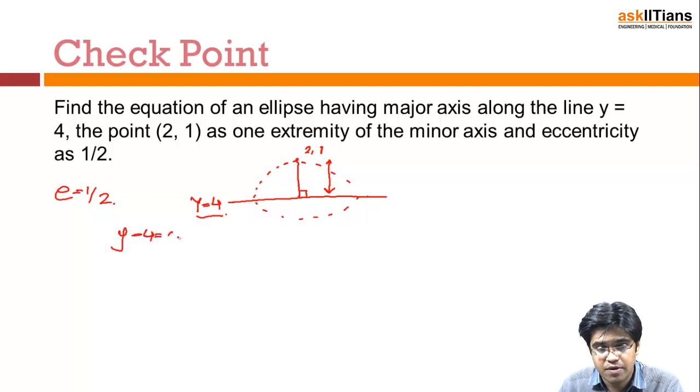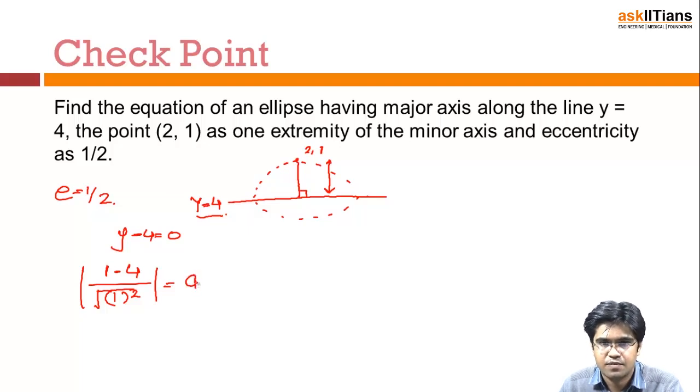The equation of the line is y minus 4 equals 0. The length of the perpendicular from 2 comma 1 to y minus 4 is modulus of 1 minus 4 divided by square root of 1. This is the length of the semi minor axis, let me call it a. That means a is 3.